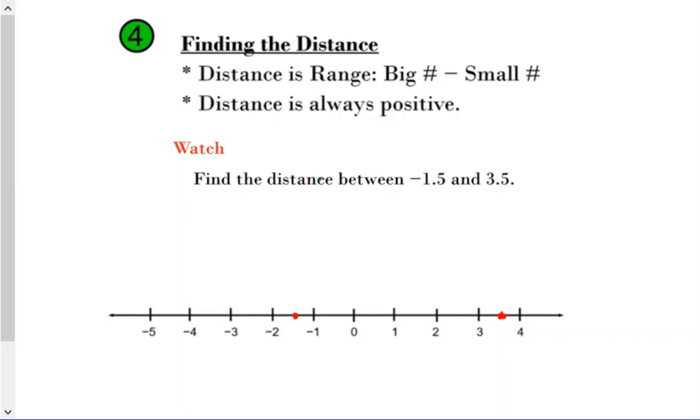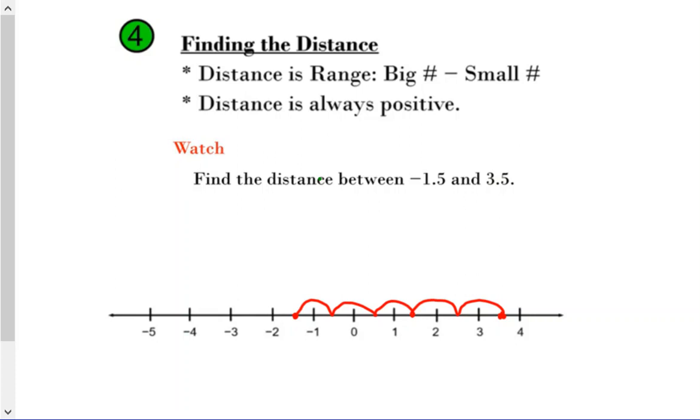Okay, and now we can count our steps. So if we start at 3.5 and jump back, so that would be from 3.5 to 2.5 is 1, 2, 3, 4, and 5. So the distance between negative 1.5 and 3.5 is 5.